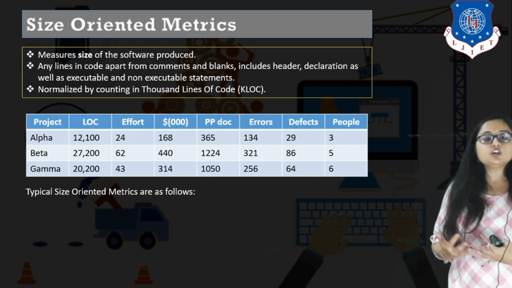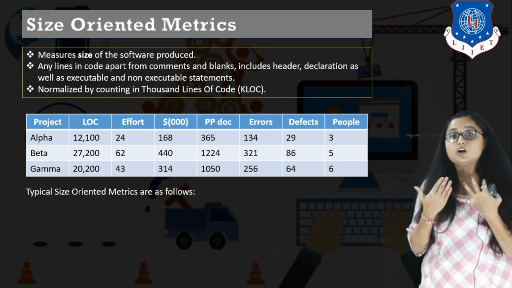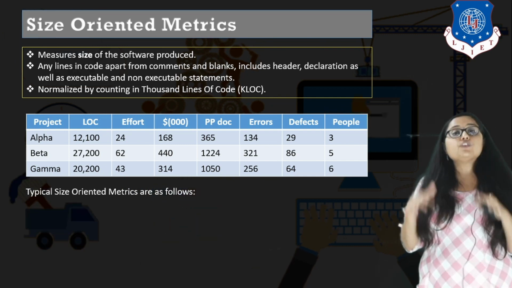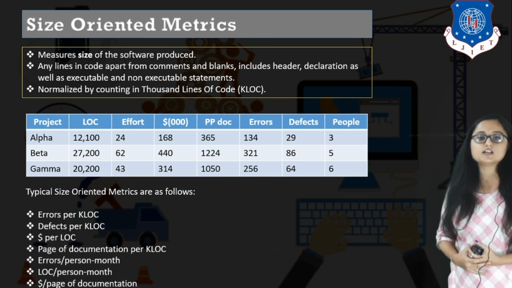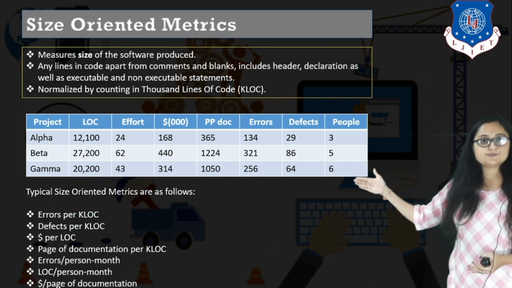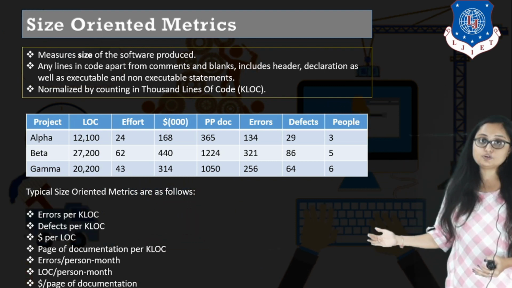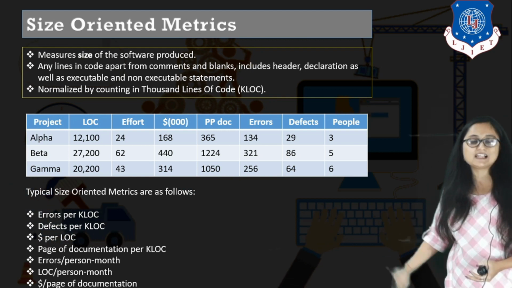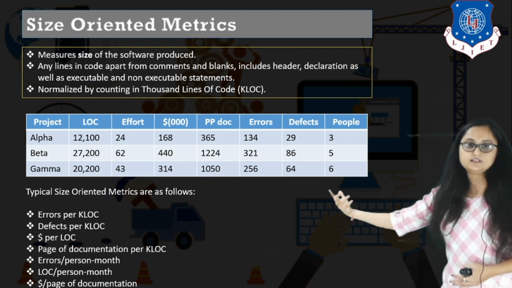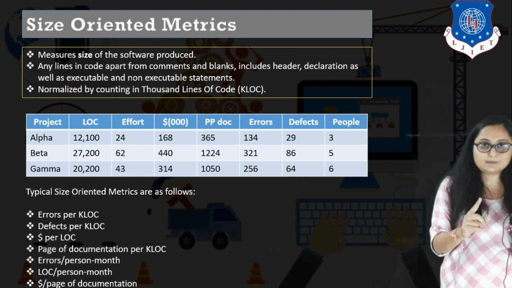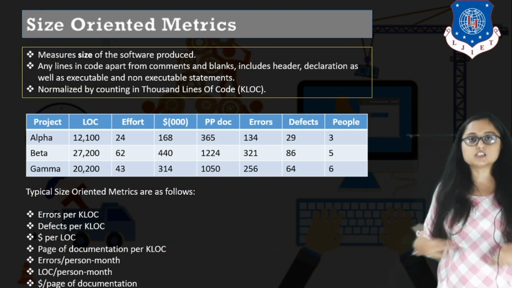Now if you want to develop the size oriented metric, because this is a measure and we know that we have to apply some sort of formula for developing a metric, for size oriented metric, these are the different formulas that you can apply, right? That is errors per KLOC, defects per KLOC, dollar per LOC, pages per documentation per KLOC, errors per person month, etc. So this is nothing but the individual metric, that is errors per KLOC is one of the metrics, defects per KLOC is another metric, dollar per LOC is another metric.